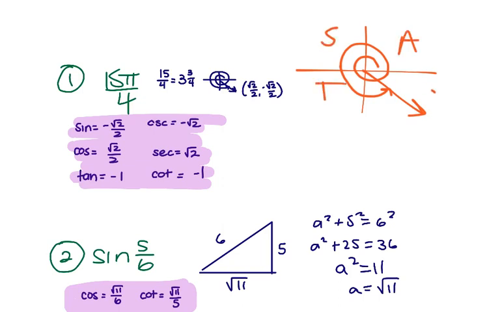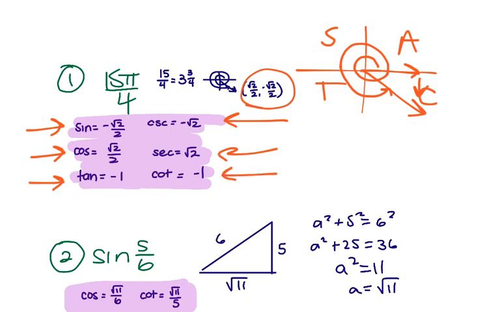It's an over 4, so I know that it's got the point root 2 over 2 and root 2 over 2. In the fourth quadrant, the cosine is positive, but the sine is negative. So the sine would be negative root 2 over 2, cosine root 2 over 2, tangent negative 1, and then flip them to get the reciprocal functions.